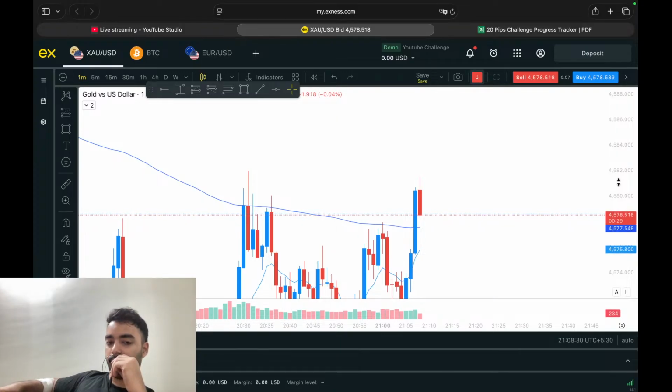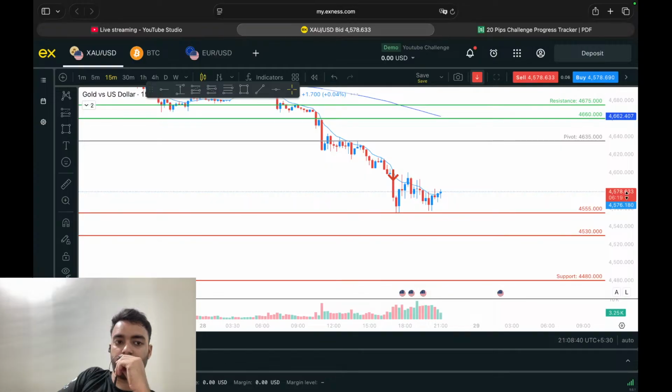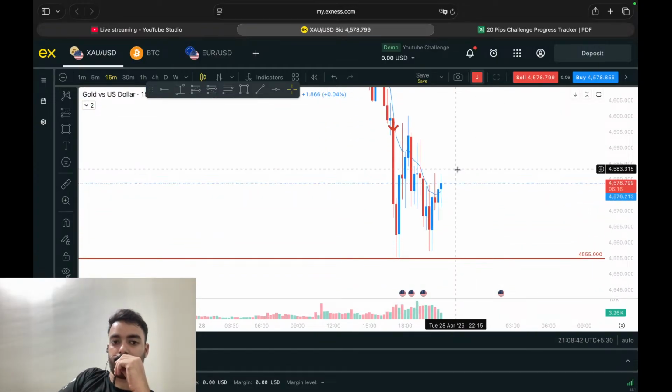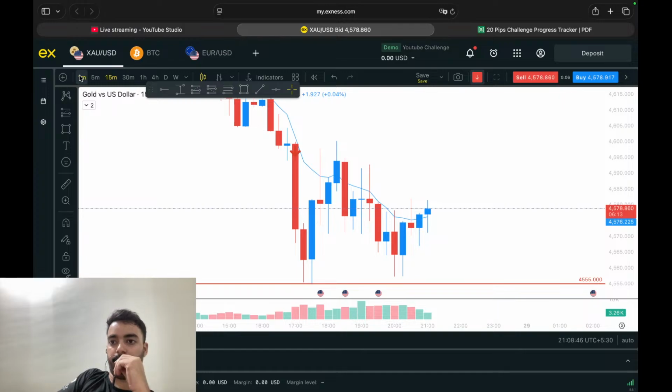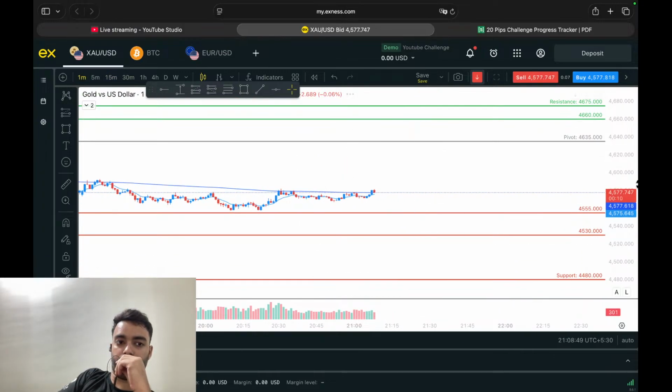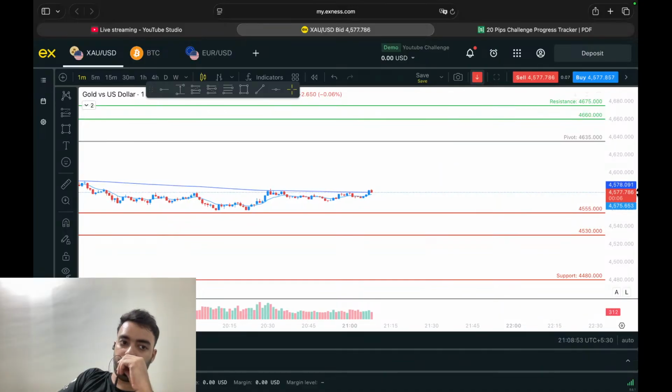I failed this because I got greedy. I didn't follow my rules, which were to not scalp on the 1 minute or 5 minute time frame, and just wait for higher confirmation setups. But I will take this as a learning. I will reset the account to $20 again and we'll restart the challenge tonight.